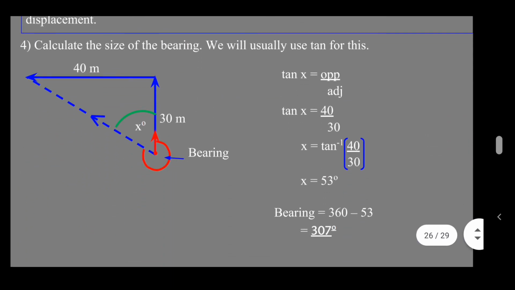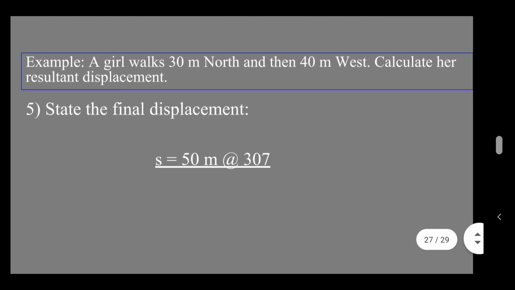So 53 degrees, so the bearing would be 307. So the final answer, the final displacement is 50 metres at 307. That would be your final answer. Okay? Now, that's us gone through it. Go back if you need to go back. Stop it at bits where you need to stop it. But that is exactly how I would expect you to do a question like that.